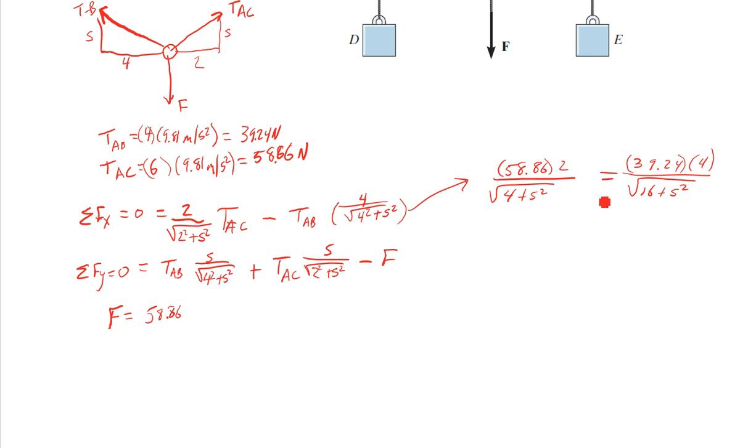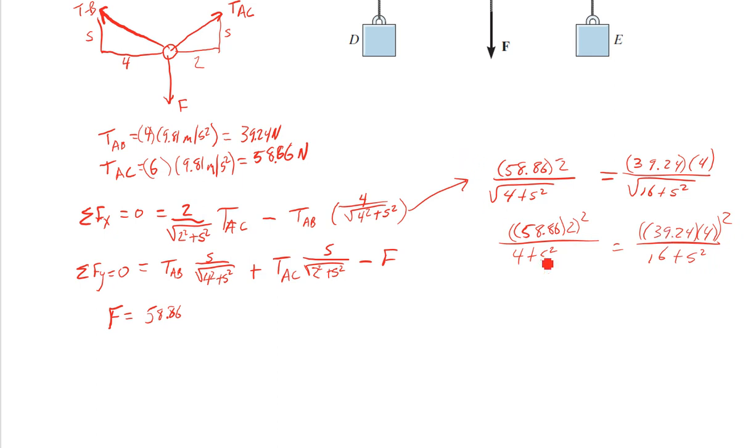So I'm just going to slide that to the other side and make that equal. Multiply both sides here and basically square both sides. So I'm going to have 58.86 times 2 squared over 4 plus S squared equals 39.24 times 4 squared over 16 plus S squared.